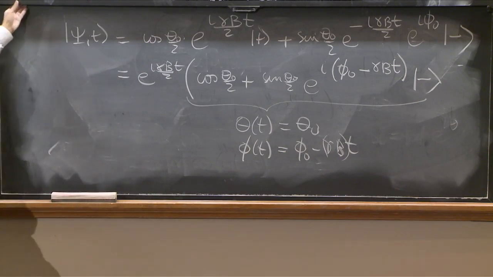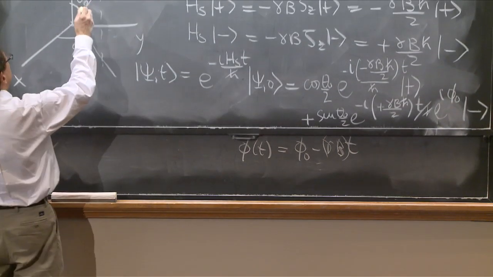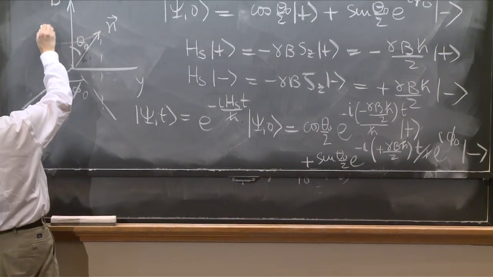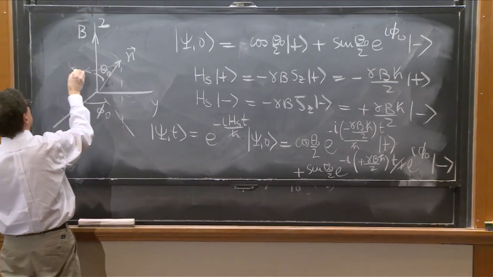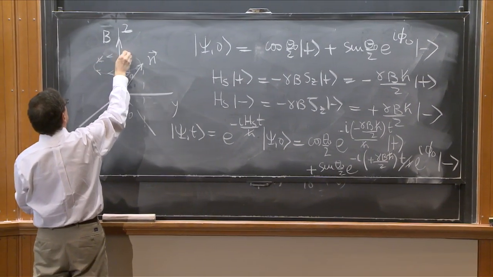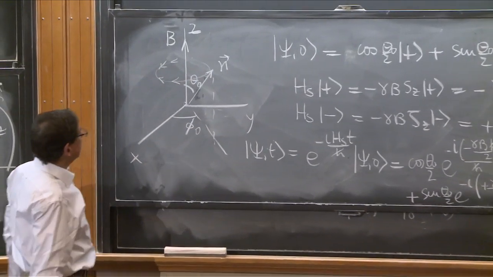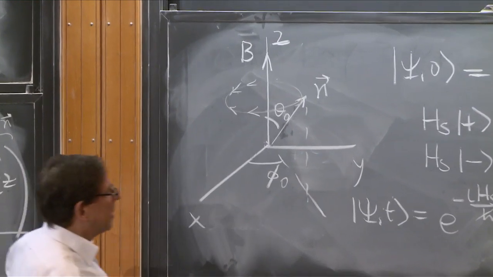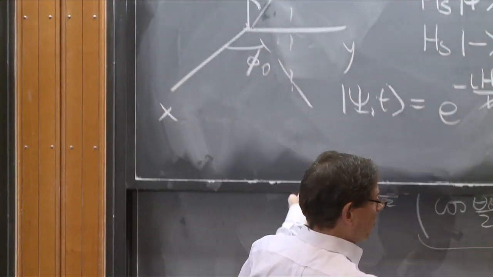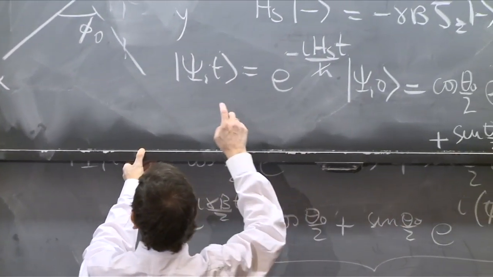So this spin will precess and will go like this. Phi naught minus gamma Bt is the phi as a function of time.